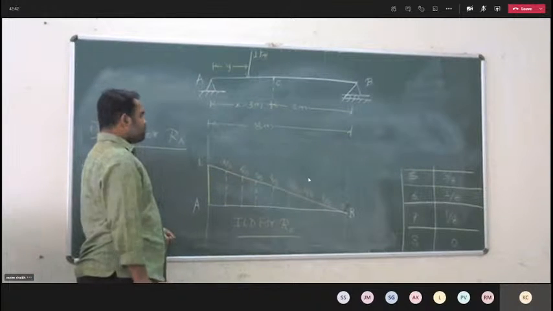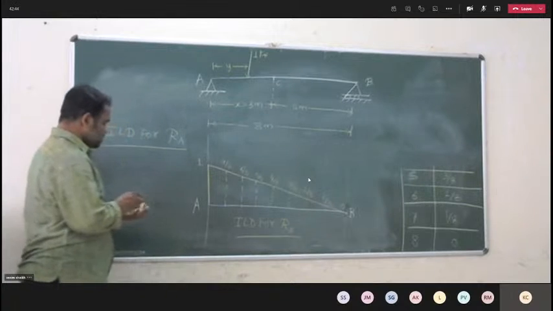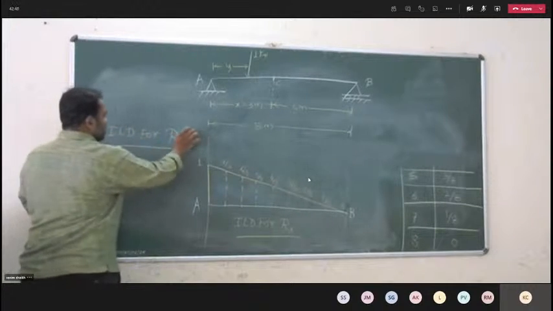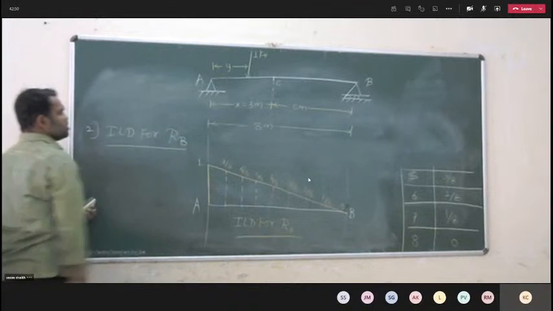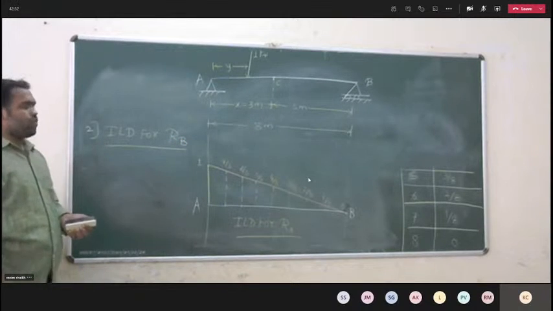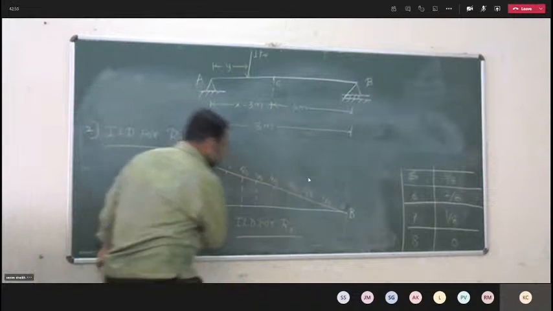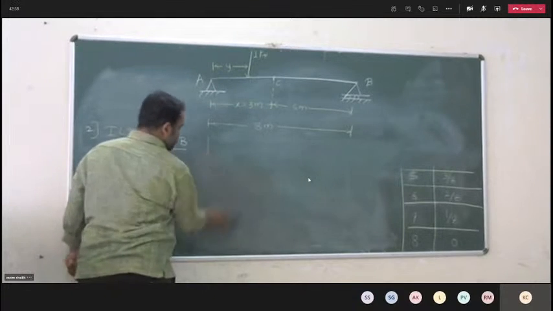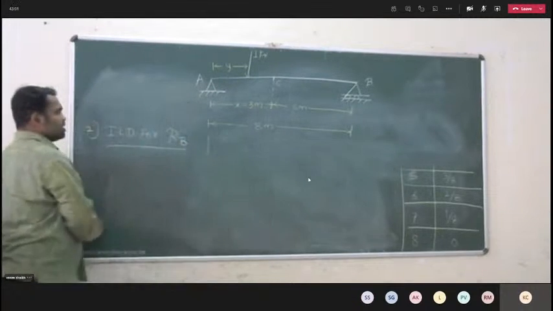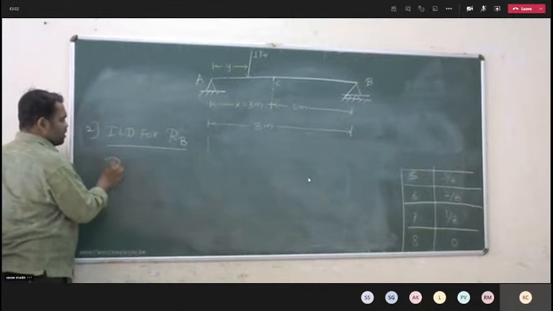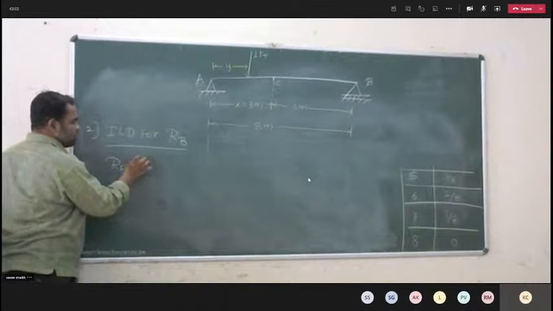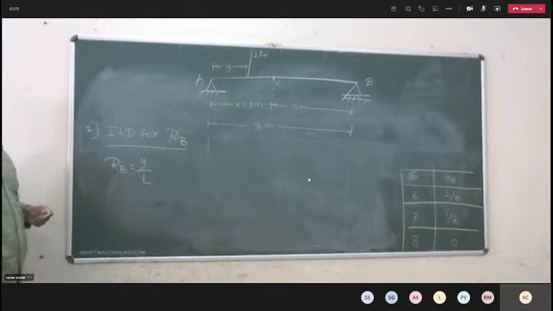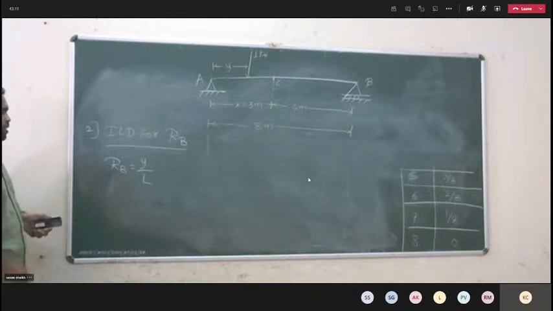So now I will proceed further for the second ILD, for reaction RB. In a similar way like we have done for RA. So RB is equal to Y by L, that is the value of your reaction RB.